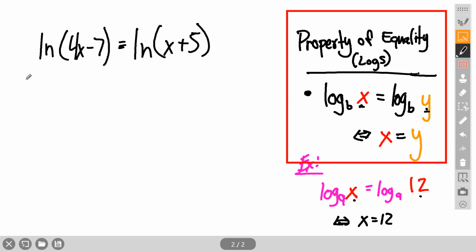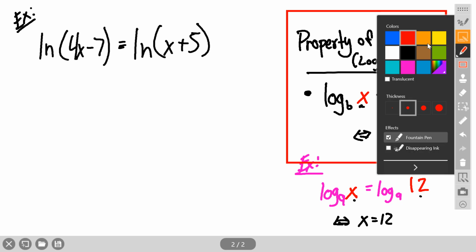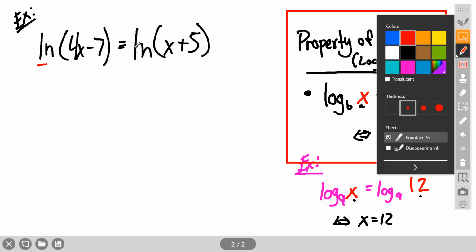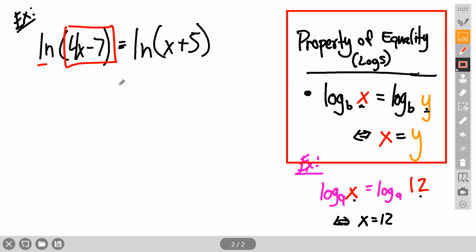So let's use this to look at our example here. We have a log on one side, and inside that log is 4x minus 7. That log has a base of e. It's a natural log, so it has a base of e.